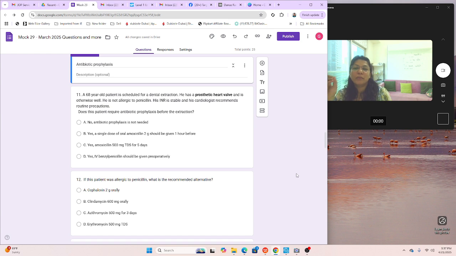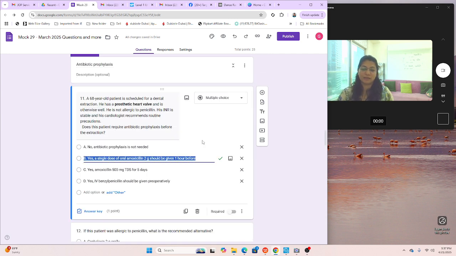Now, you should remember one thing. For this you have to go to TG and read, but anything related to a valve, just please give antibiotics. So yes, he should be given a single dose of oral amoxicillin 2 grams, 1 hour before the procedure. Anything related to the valves, just go for antibiotic prophylaxis. That is one common thing everywhere.